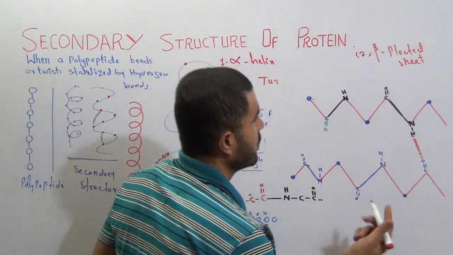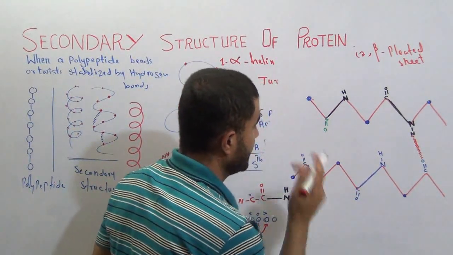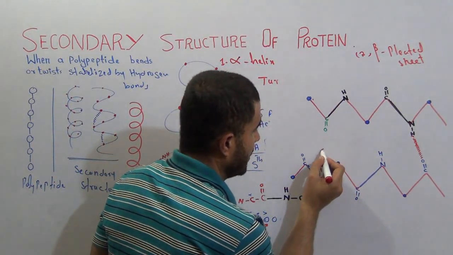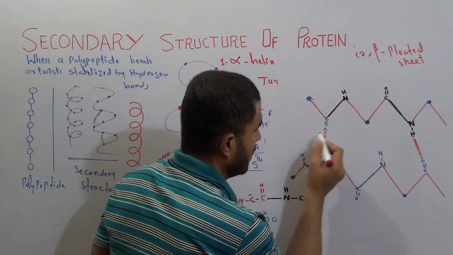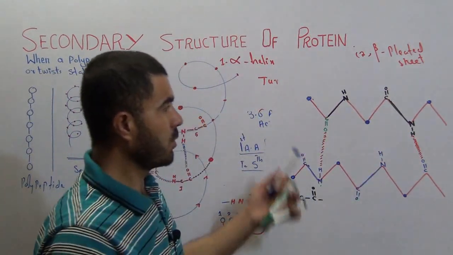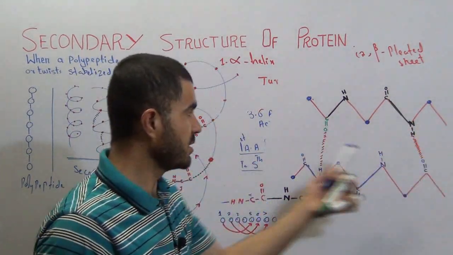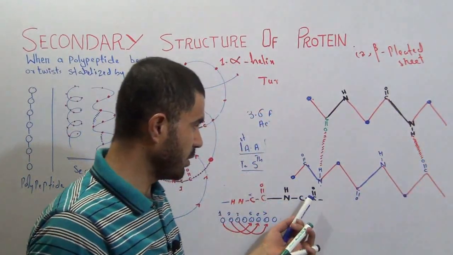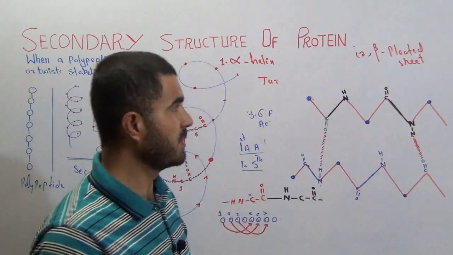And you can also make this hydrogen will make a bond with that oxygen. So in this way we got the beta pleated sheet. This is one polypeptide and this is folded another polypeptide. There's a hydrogen bond and we've got beta pleated sheet.